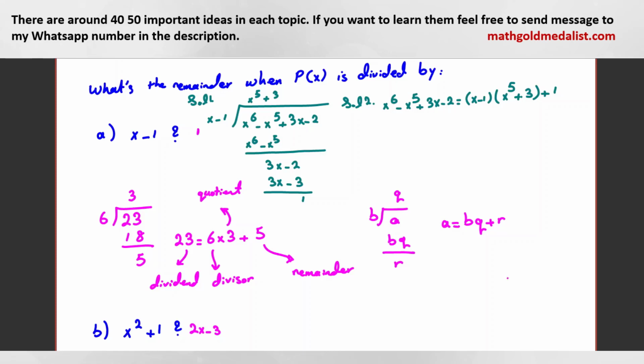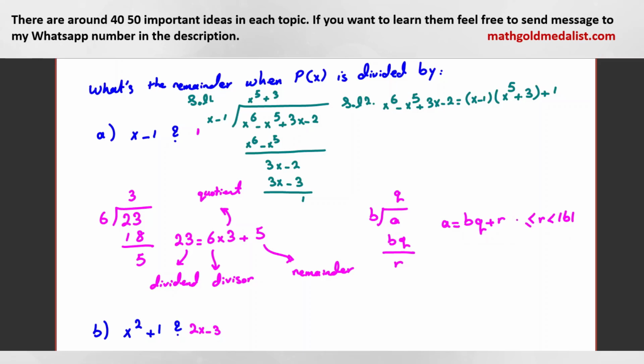So when we divide, we have one condition. The condition is what? When you write this, the remainder is less than the absolute value of the divisor and greater than or equal to what? 0.